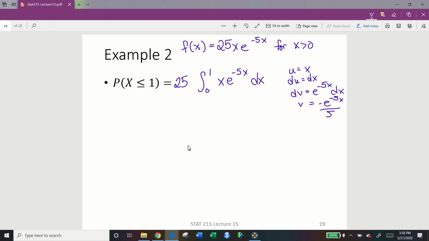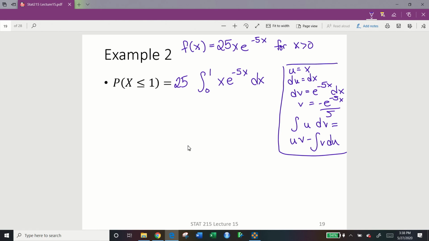If we recall, if you integrate u dv, this is going to be equivalent to uv minus the integral of v du. I'm just going to put that in a box to help us out.